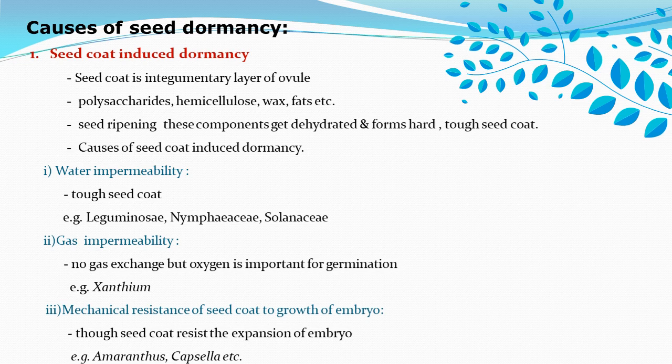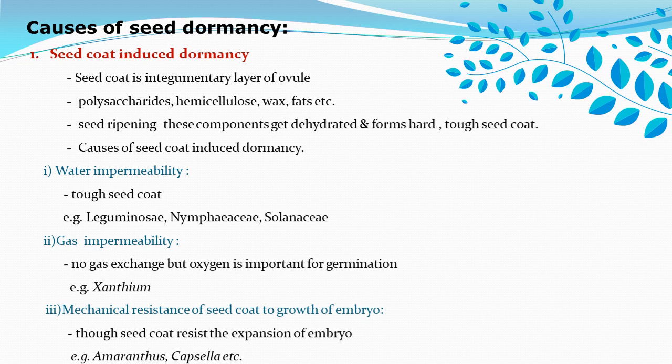Initially water is absorbed by the seed and it leads to imbibition pressure development within the seed, which leads to metabolization of different metabolites present within the seed. So water is very important for the first step of seed germination.